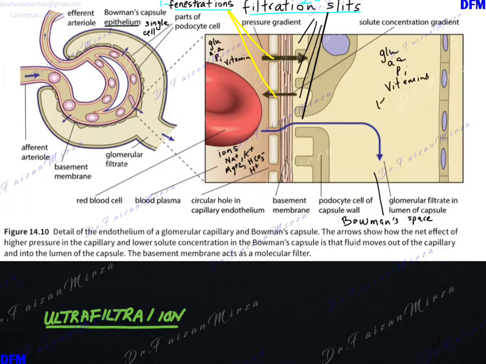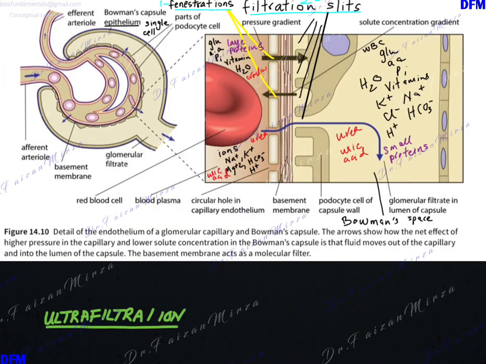All of them can pass out into the filtrate because they are all smaller than the fenestration. Even water will pass out here in large quantities. White blood cells can squeeze through as well, but large proteins will stay back. But small proteins such as antibodies, dipeptides and tripeptides, and certain hormones which are very small can also pass out here.